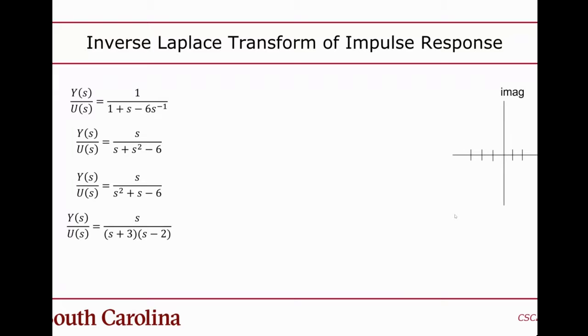And now I can find the poles. This transfer function has two poles: one at -3 and one at 2. Because if s is -3, I'll get a divide by 0, and if it's 2, I'll get a divide by 0.